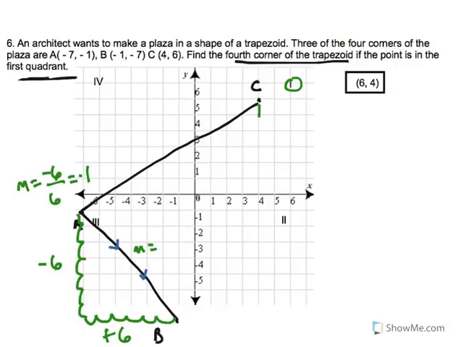So if I go down 1 and over 1, I could have a point here. If I go down 1 and over 1, I could have a point here. If I go down 1 and over 1, I could have a point here. So any one of these points could work because it's still going to give me a trapezoid here. I would just connect them like this.